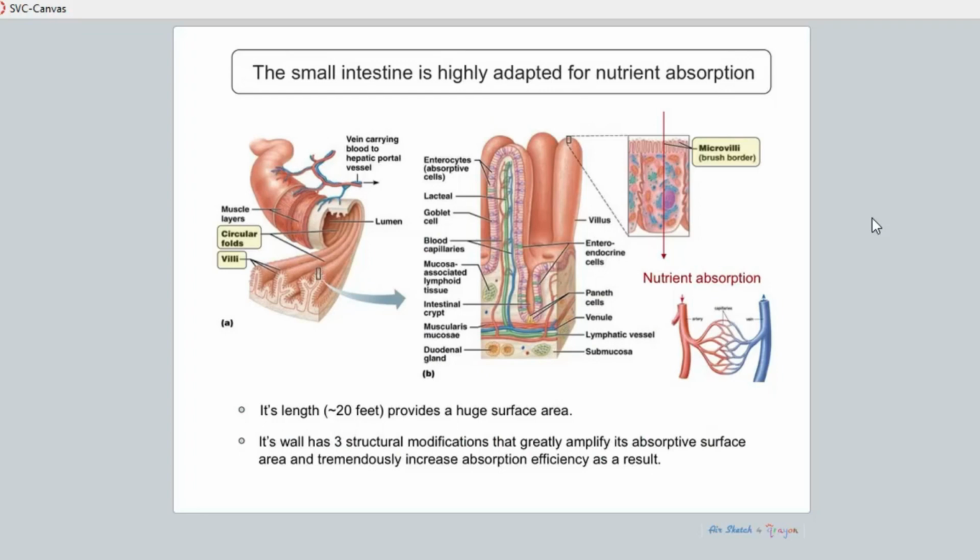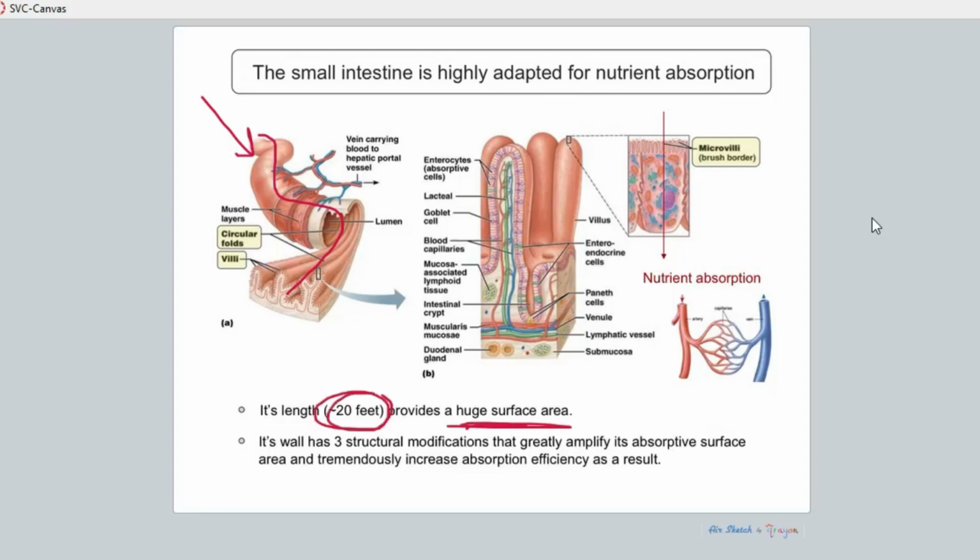Alright, so not surprisingly, the small intestine is highly adapted for nutrient absorption. Nutrient absorption is its function, so it has to have the appropriate structure to allow for that. Complementarity of structure and function. Let's go through some of these here. First of all, this is the small intestine here. As you saw, the length alone of the intestine provides a huge surface area.